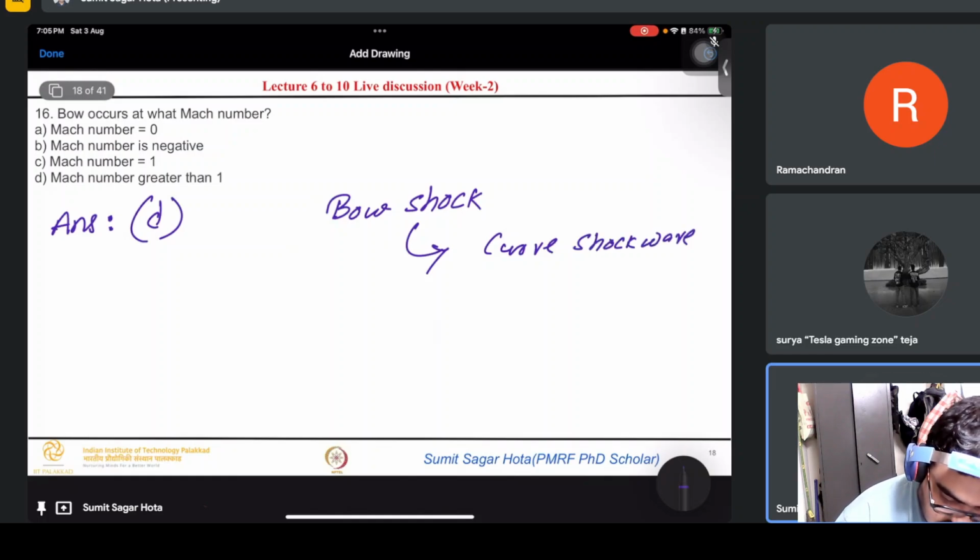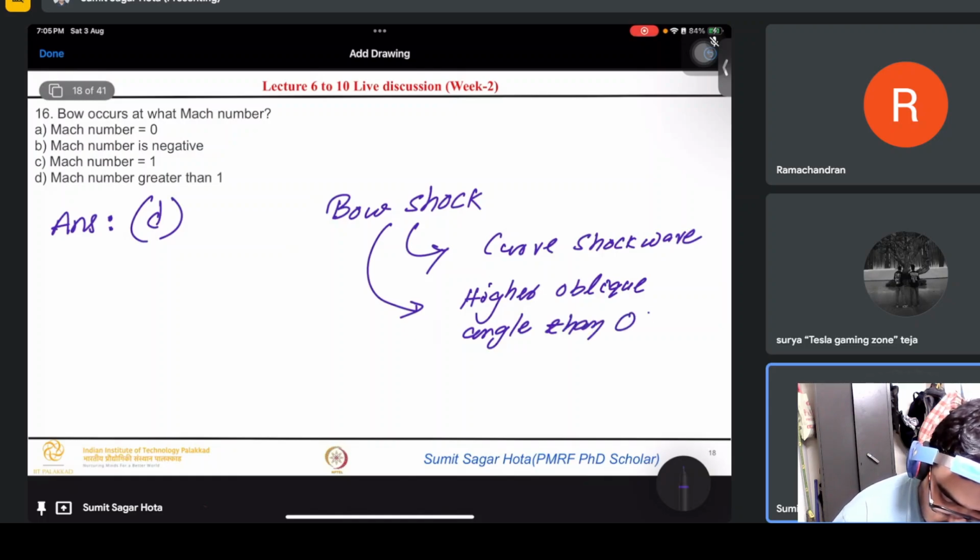It has a higher oblique angle than your oblique shock. This can be seen in blunt bodies.